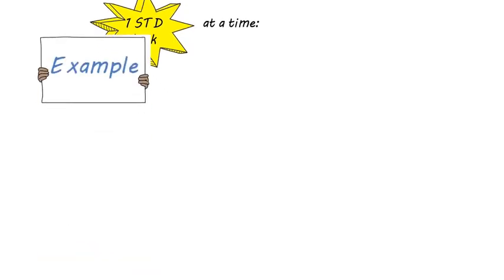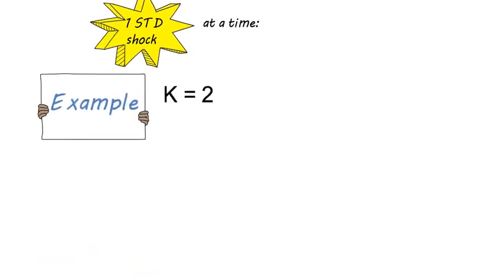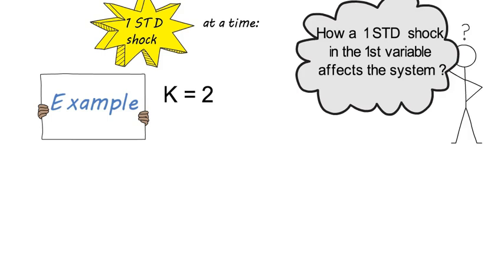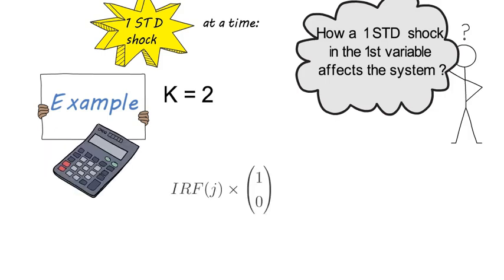Let's have an example. If k was 2, so you have a 2 variable system, and you would like to understand how a 1 standard deviation shock in the first variable affects the entire system j periods ahead, you simply compute the product of the IRF j periods ahead times a column vector which would be (1, 0).